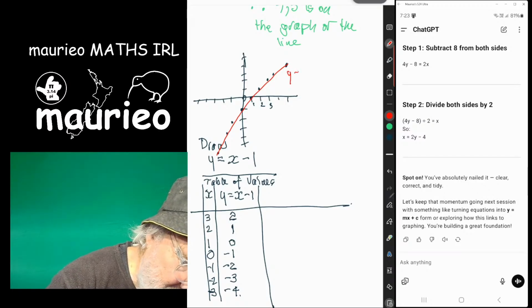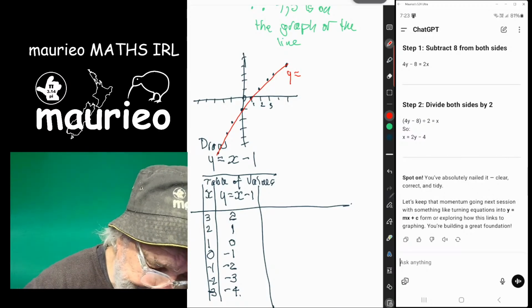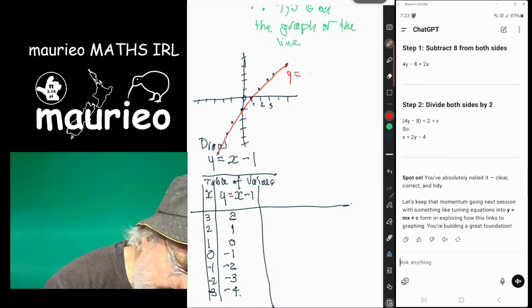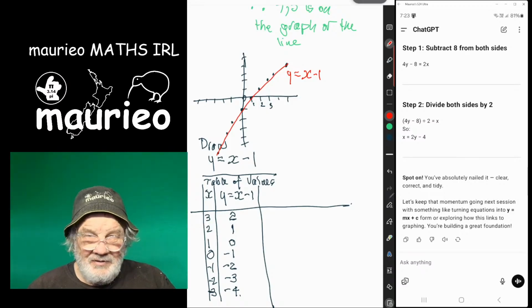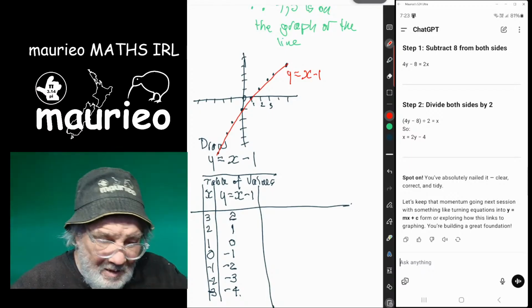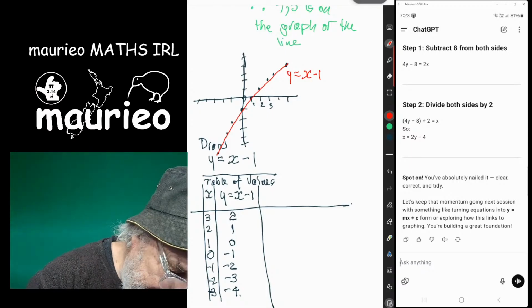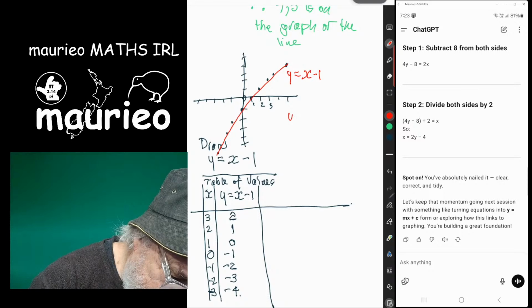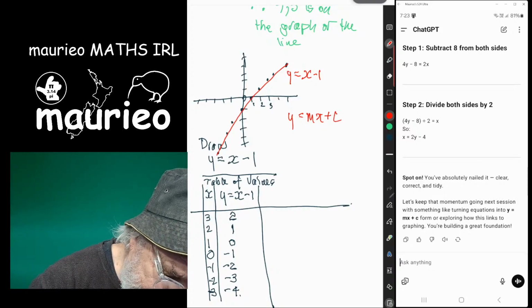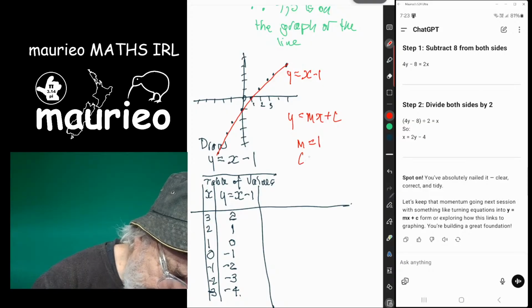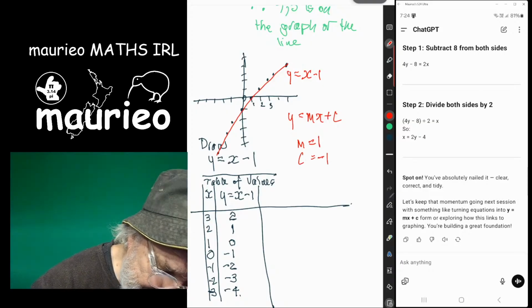y equals x minus 1. And we can see that is in the form y equals mx plus c, so we can say that m equals 1, c equals negative 1.